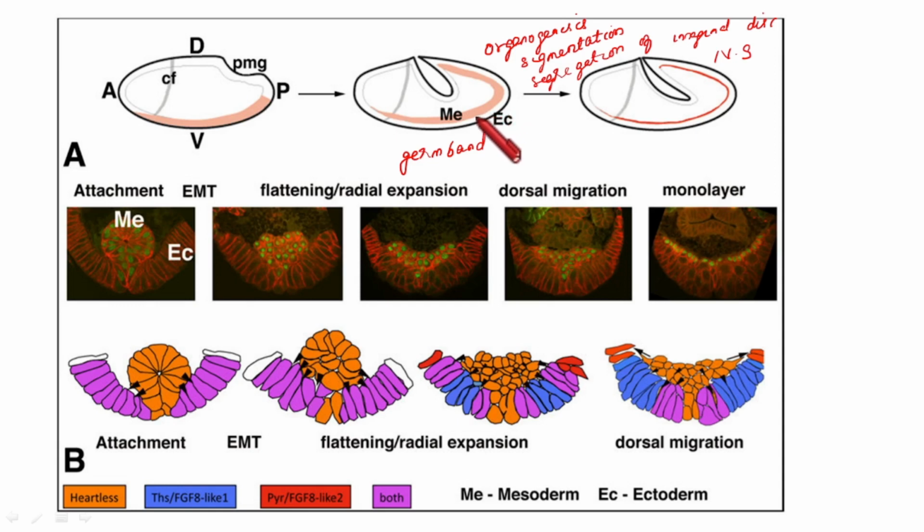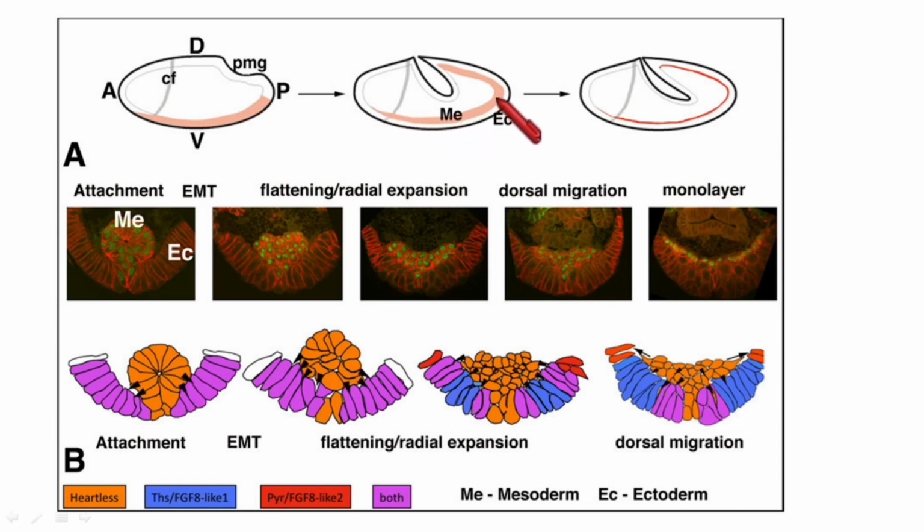And after this, the germ band starts to retract. It retracts from here, and as the retraction proceeds, I already told you that there is another tissue called amnioserosa, and as the retraction of the germ band proceeds, it reduces the size of the amnioserosa, and finally leads to the closure of the dorsal side.